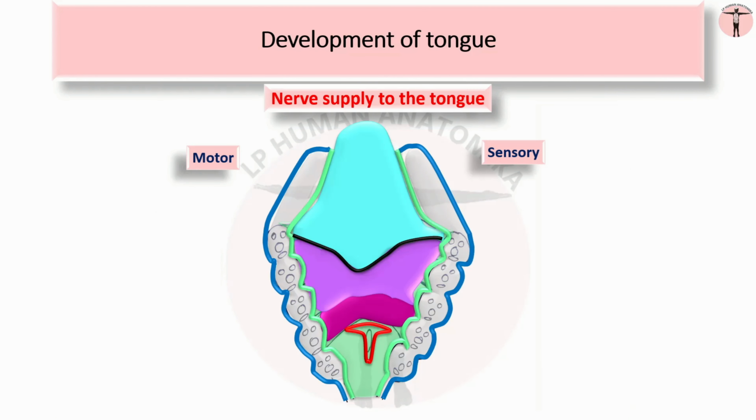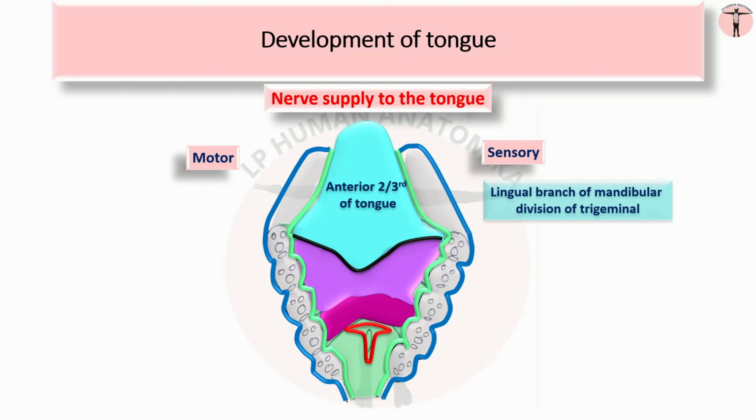Coming to the nerve supply of the tongue, the sensory supply to the mucosa of almost the entire anterior 2/3 or oral part of the tongue, derived from the first pharyngeal arch, is from the lingual branch of the mandibular division of the trigeminal nerve, which is the nerve of the first arch.